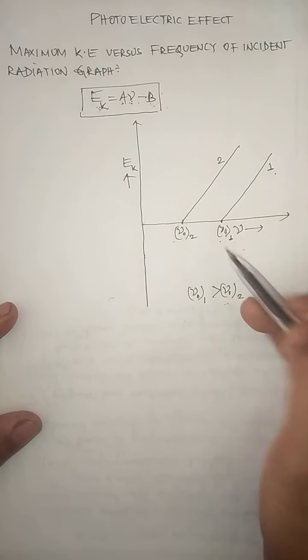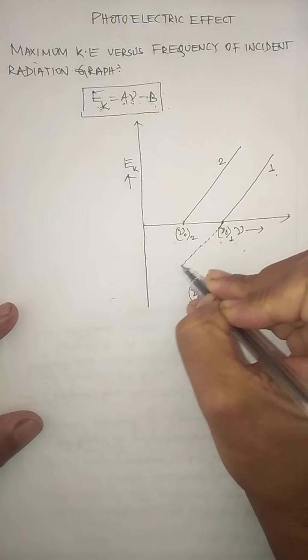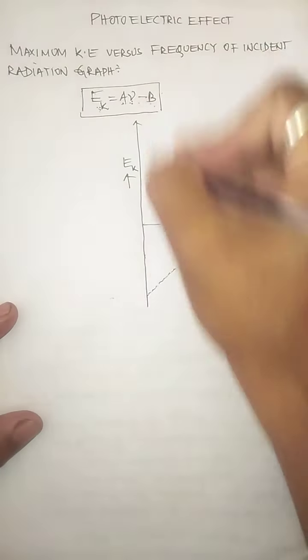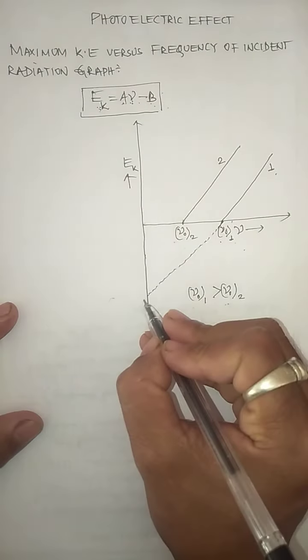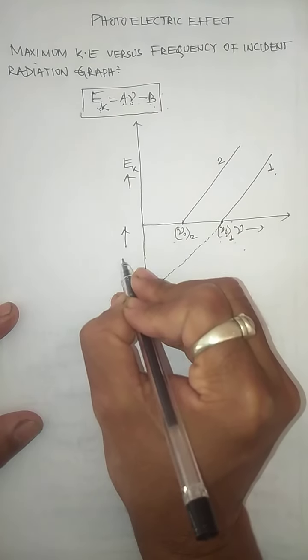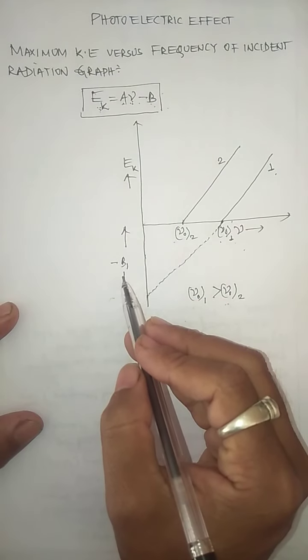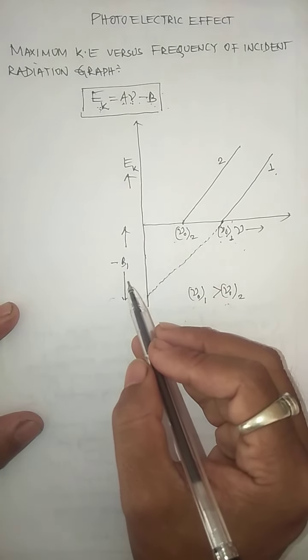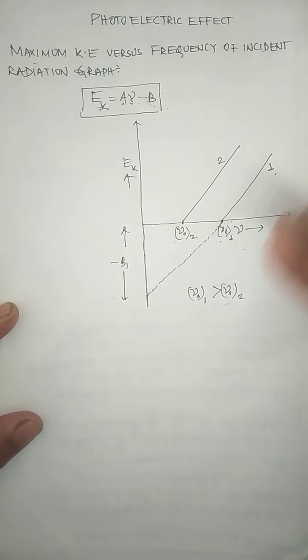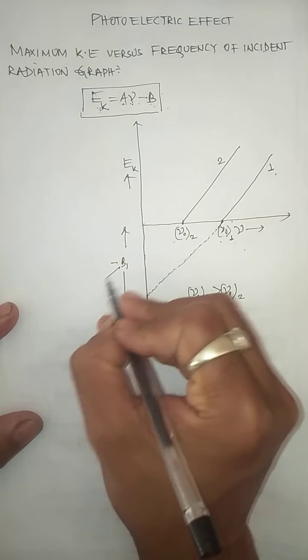Threshold frequency of metal 1 is more than threshold frequency of metal 2. But you can see when you draw a backward line from this threshold frequency to the negative energy axis, it will meet at this point, which I can mark by the letter B1 with a negative sign. And this negative B1 is actually the minimum energy which is required to eject the electrons, and this minimum energy is called work function.